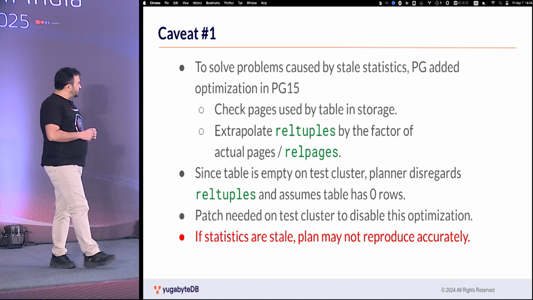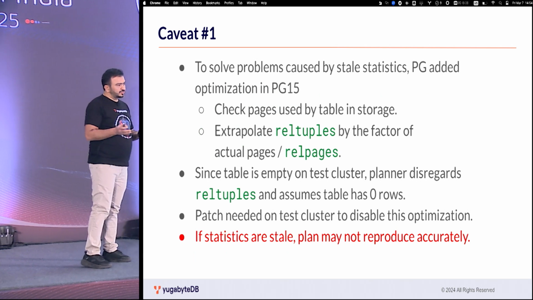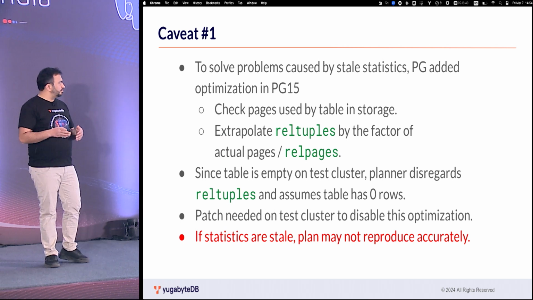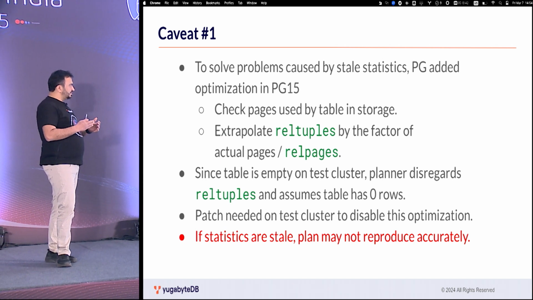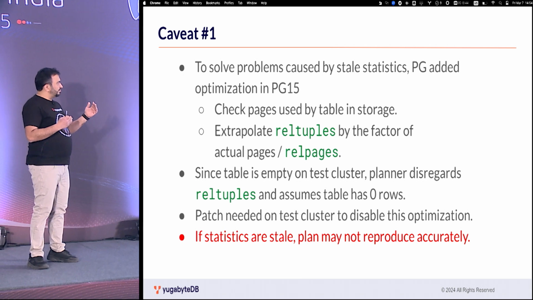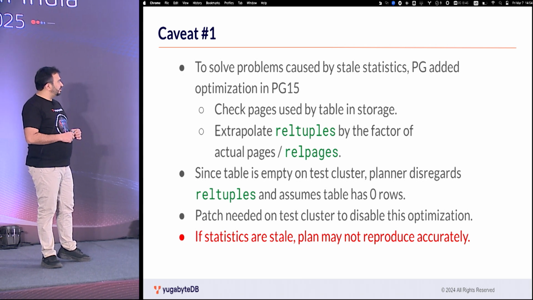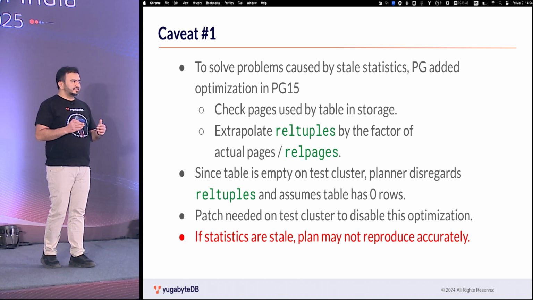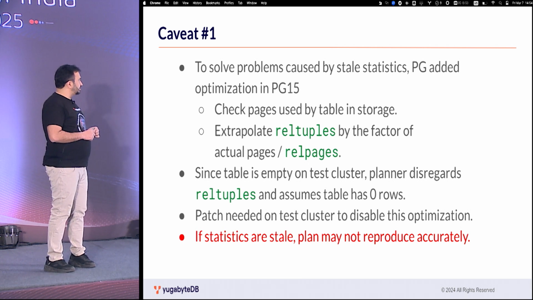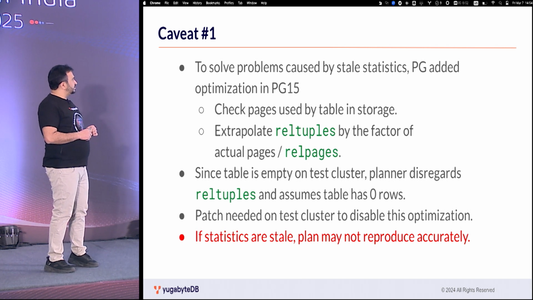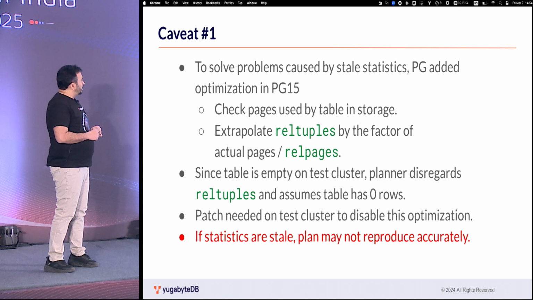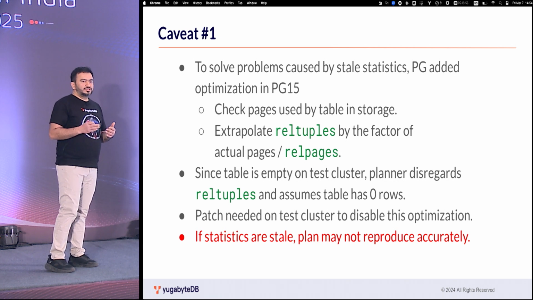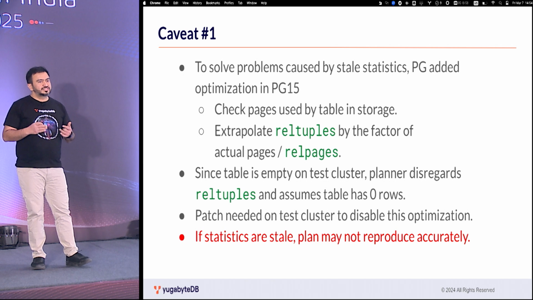Now, there are some caveats here. As you know, YugabyteDB was based on PG11 earlier, and there these things were working much better. But there were some enhancements in PG15 which made it such that it doesn't work seamlessly out of the box. So one of the problems is, PG added an optimization to mitigate this issue with stale statistics.